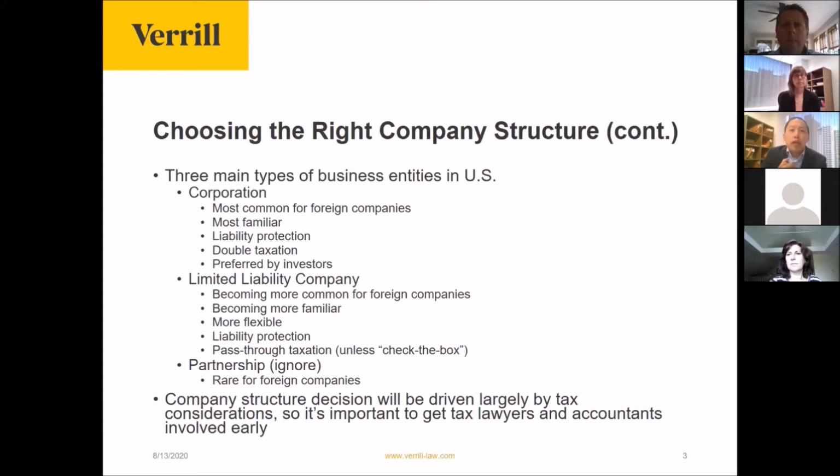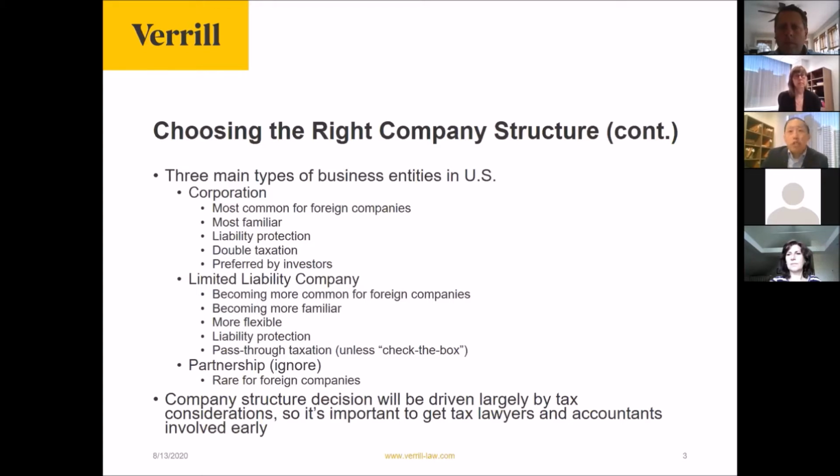LLCs provide for very flexible management and equity structures, more flexible than corporations. They can be member managed, they can be manager managed. You can have different classes of membership interests. You can distribute profits not according to ownership interests. They're a very flexible entity. Basically, you can make an LLC as simple or as complicated as you want to.